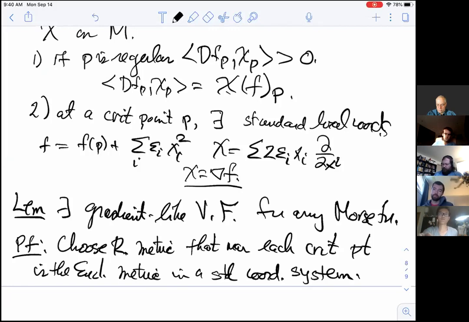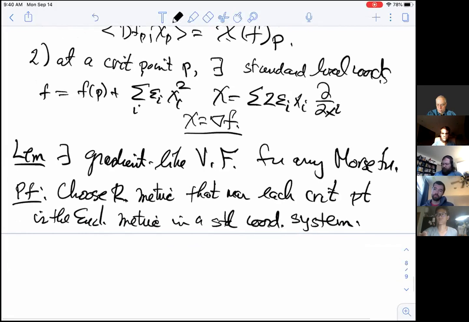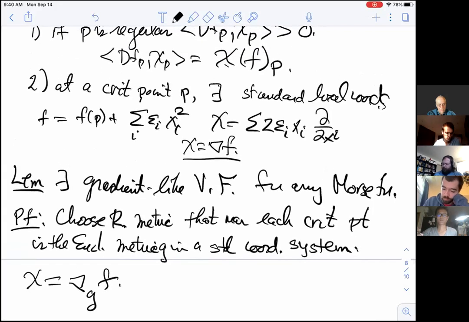So you'll have a Riemannian metric with this property, and then you just take the gradient with respect to this metric, grad_G F. So since the metric is standard near each critical point, the gradient of this function is given that way near the critical point, and the value of dF on the gradient is simply the norm of dF at P squared in that metric, which is positive, since dF is non-zero.